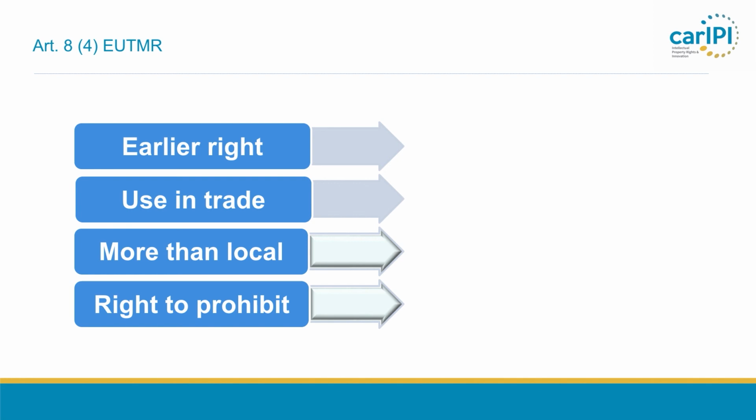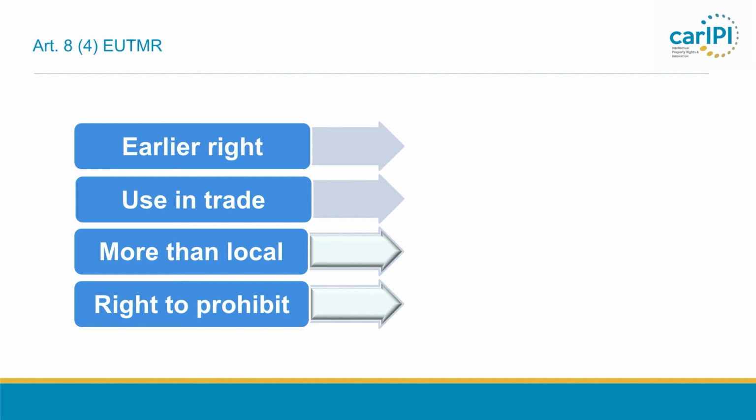They are equal, and the conflicts, if they apply, are resolved on the basis of priority, that the earlier sign prevails. So this is the ground where a non-registered trademark or other sign used in the course of trade protected under EU law or the laws of the member states can be invoked to prevent an EUTM application from being registered.